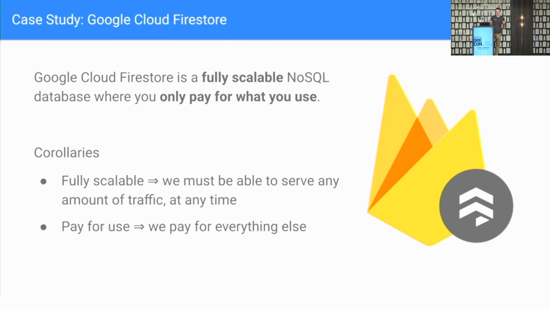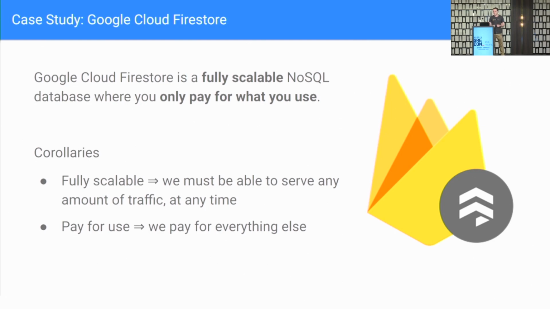So we have no quotas. That means our customers can ramp their traffic up and down at any point in time without reserving that quota, reserving that capacity ahead of time or telling us about it. And that means that we need to be able to handle any amount of traffic coming in at any point in time. So it generally means we need to have some level of idle capacity ready and waiting for new requests to come in.